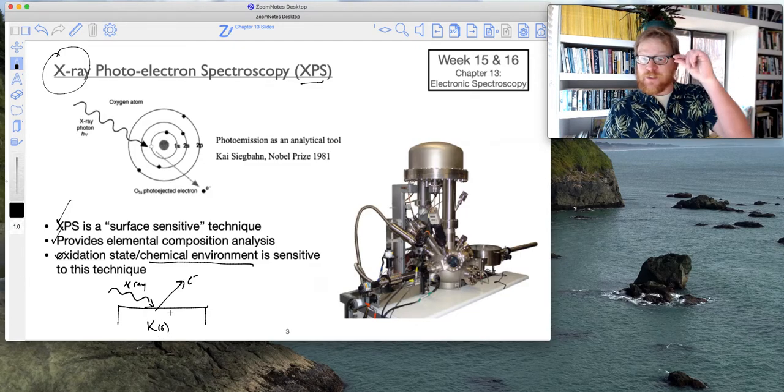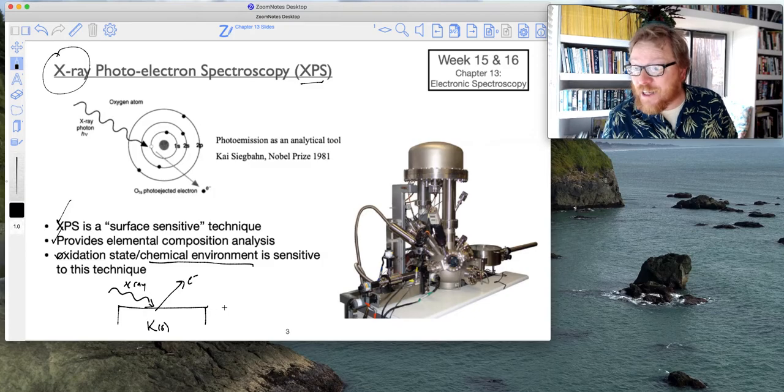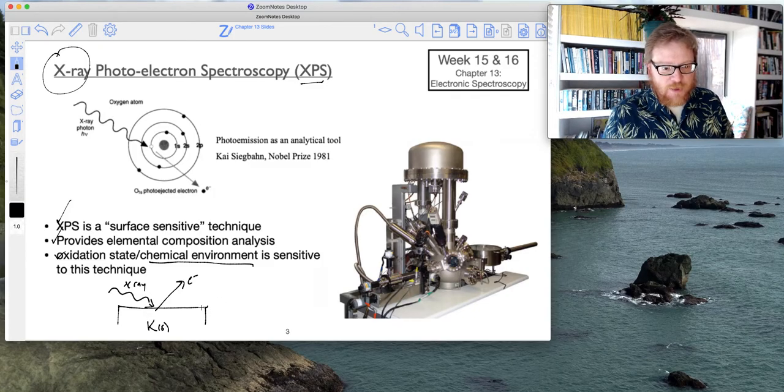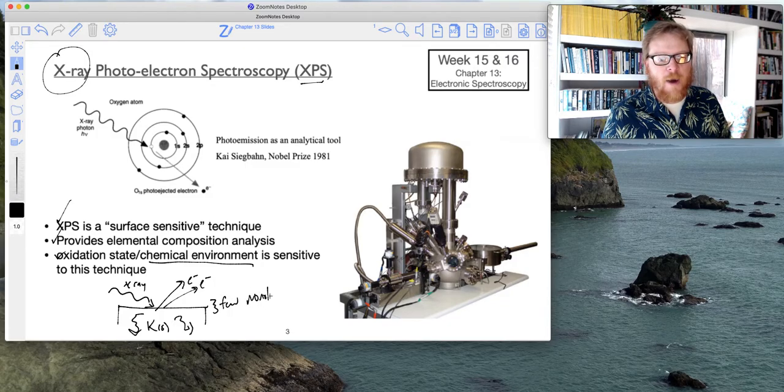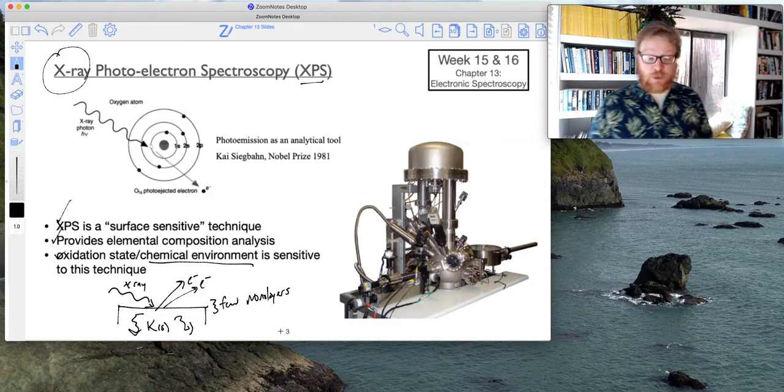And when I mean the surface, I'm talking about a couple of molecular layers, right? So we know that some electrons will diffuse down into the surface and we never see those in the detector. So the electrons that make it out are only coming from a few what I'll call monolayers. So just a few molecular layers.